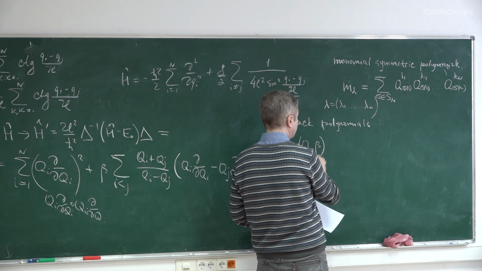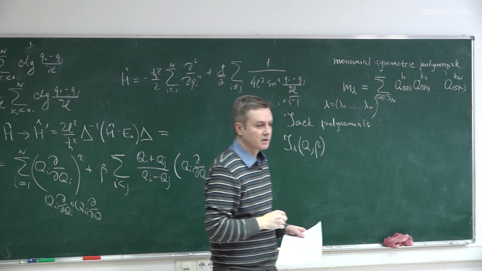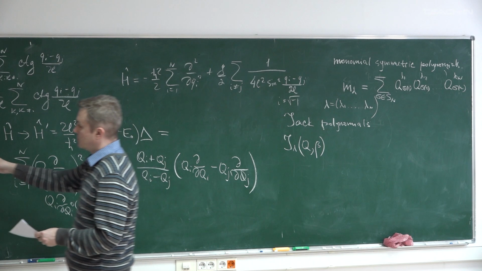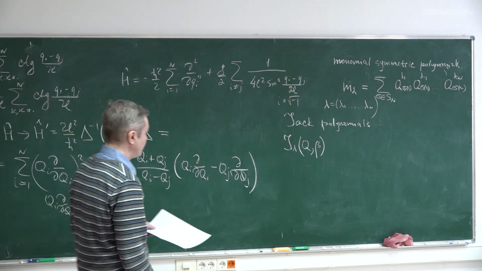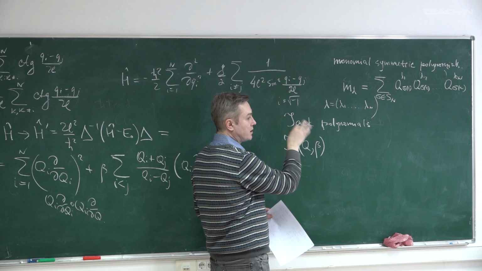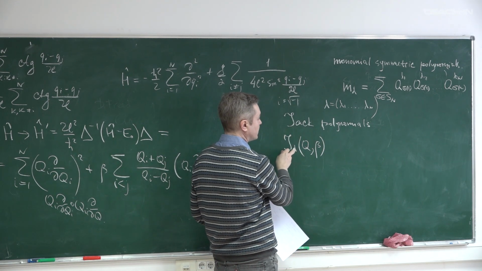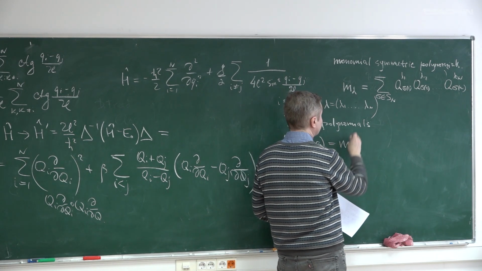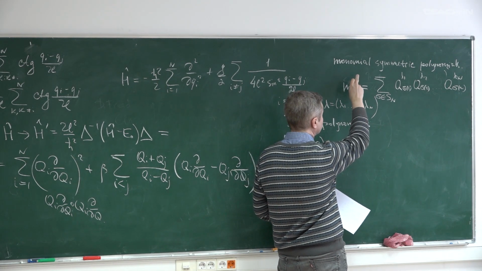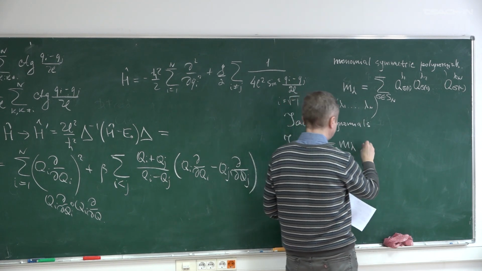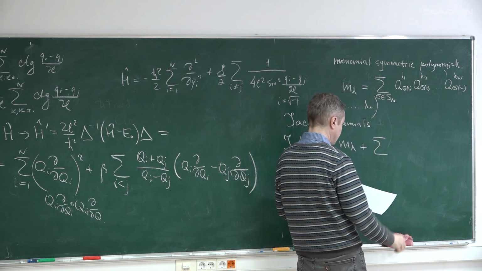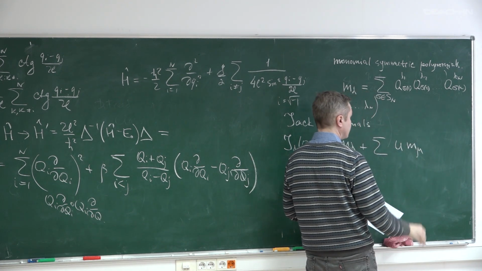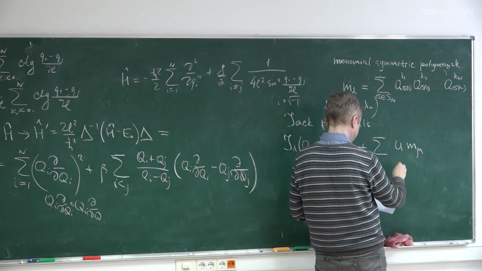They depend on beta, where beta is a coupling constant divided by h, this nu over h, and as all symmetric functions, it depends on some partition lambda, and it begins with this monomial symmetric function, and then it has some set of terms which are smaller.